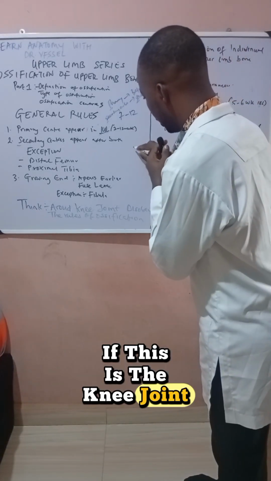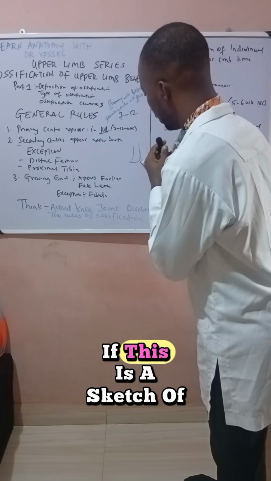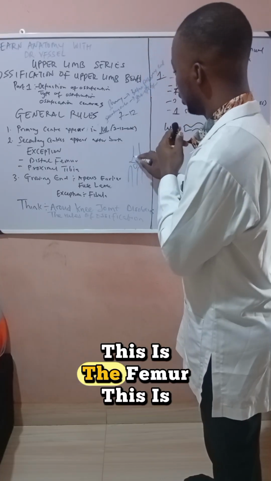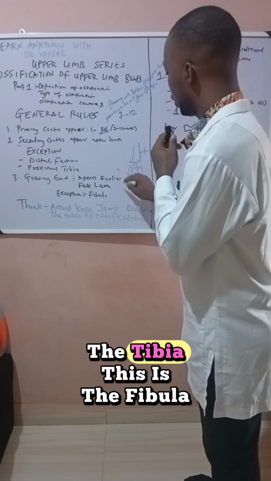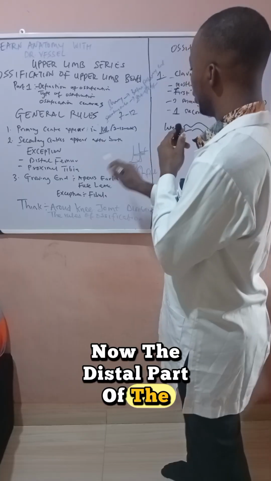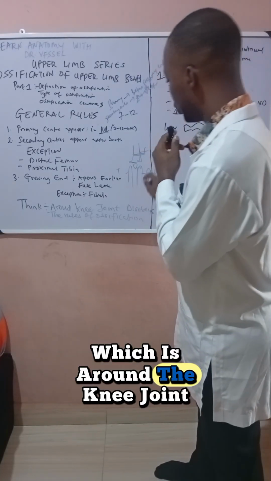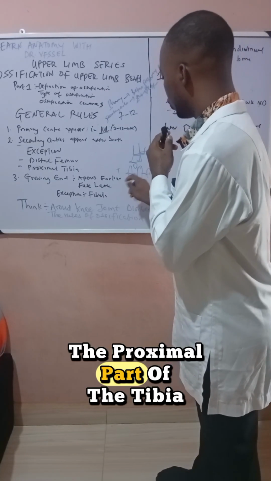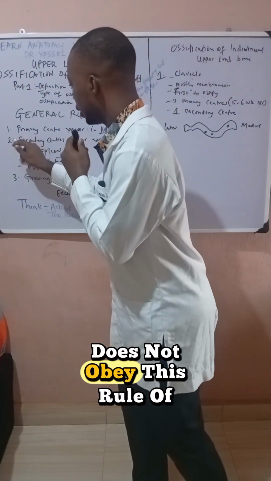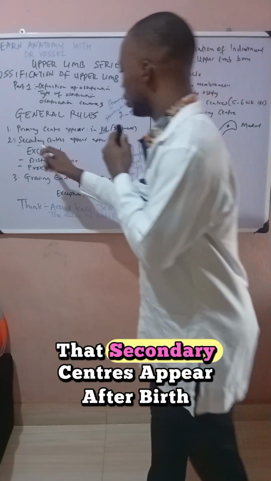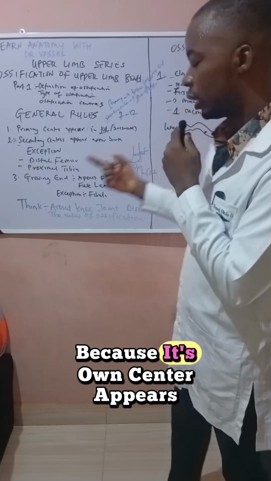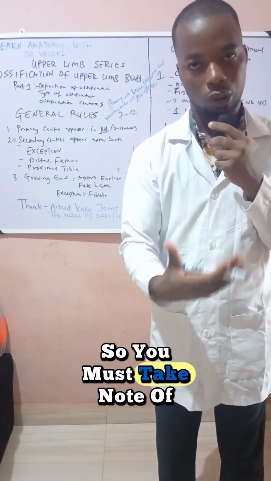If this is a sketch of a knee joint, this is the femur, this is the tibia, this is the fibula. The distal part of the femur and the proximal part of the tibia, which are around the knee joint, do not obey the rule that secondary centers appear after birth, because their own center appears in intrauterine life. So you must take note of that.